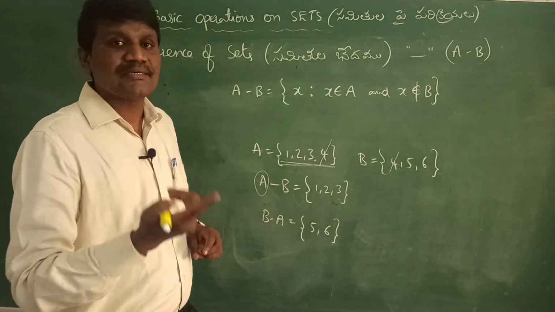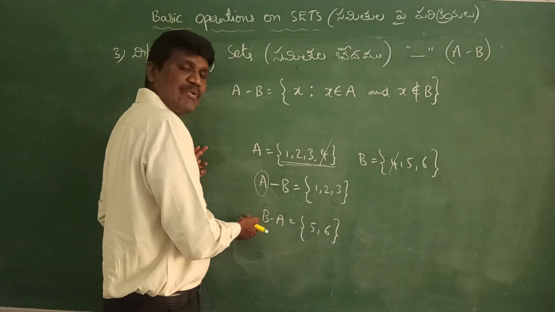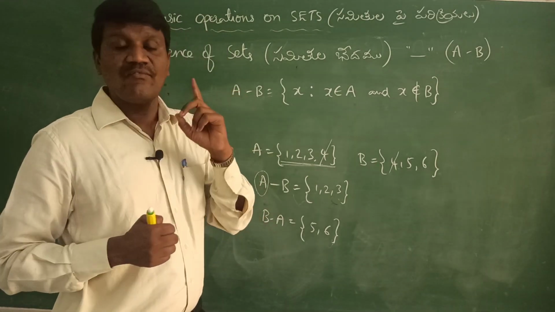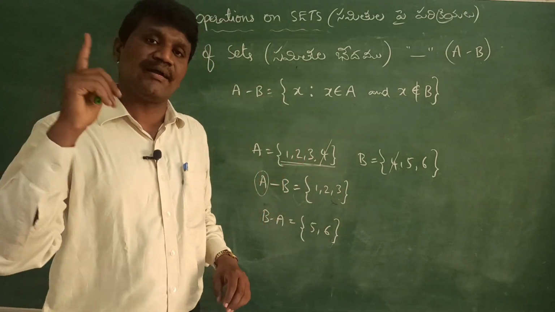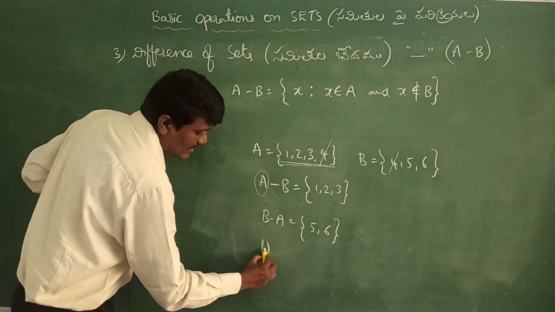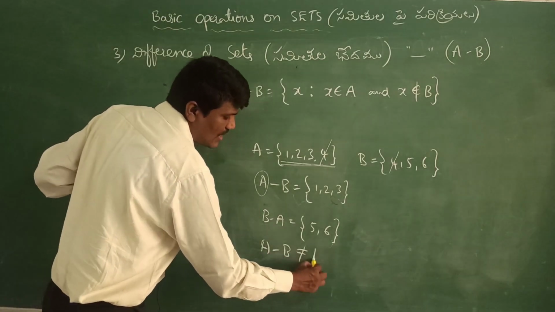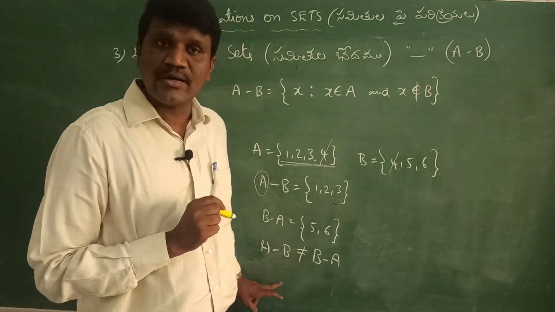So unlike union and intersection, here the difference A minus B is different and B minus A is also different. In the union, A union B is equal to B union A, and also A intersection B is equal to B intersection A, but A minus B is not equal to B minus A. So this you can note down.